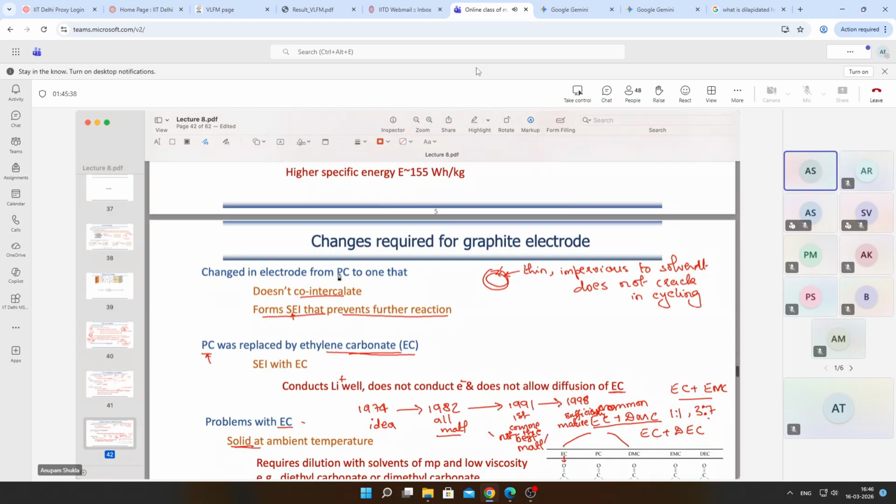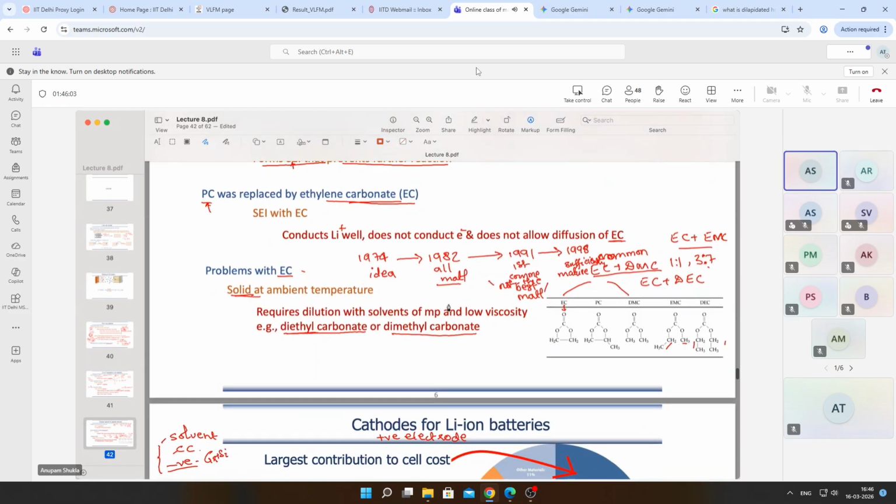Instead of propylene carbonate, they experimented with similar homologous series compounds such that they do not intercalate, not only do they not co-intercalate, but they also form an SEI layer that does not dissolve so rapidly or so much as the SEI layer which is formed with PC. So what they used was EMC or DEC. These are the compounds here.